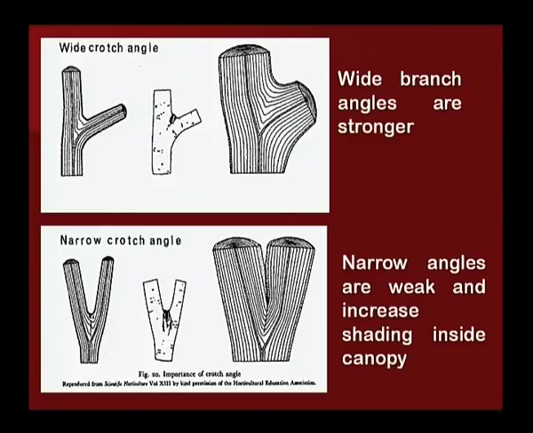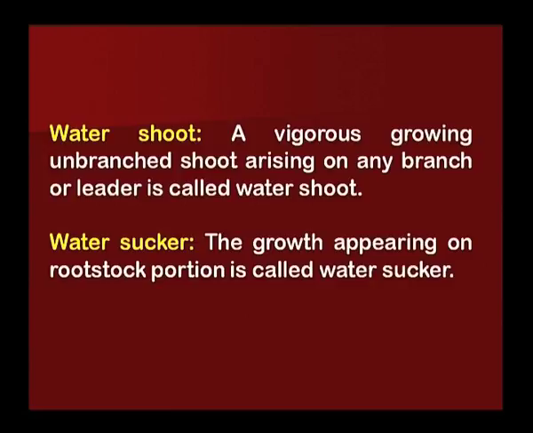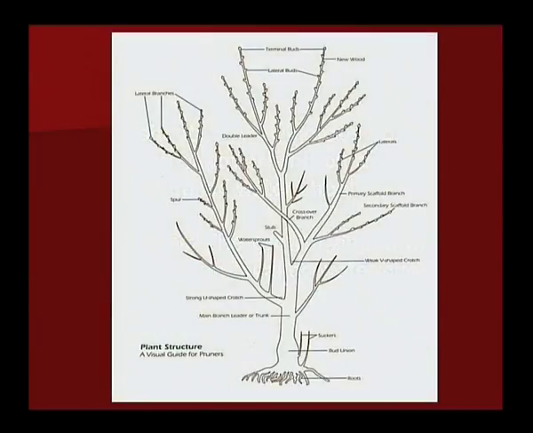Wide branch angles are stronger, and narrow angles are weak and increase shading inside the canopy. A vigorously growing unbranched shoot arising on any branch or leader is called water shoot. The growth appearing on the rootstock portion is called water sucker. This picture shows the plant structure and the various plant parts which we have discussed in the previous slides.